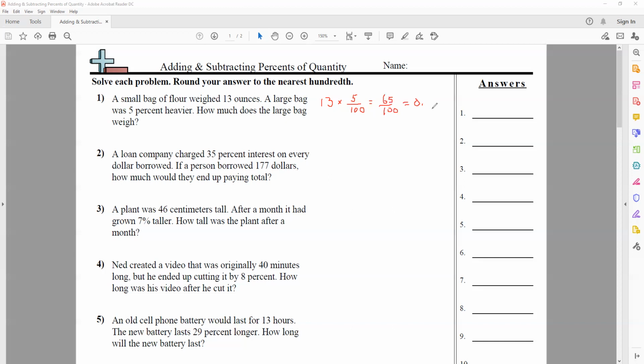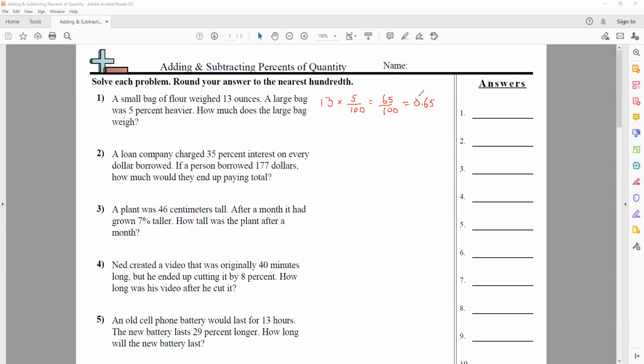What's 65% in decimal? You don't know? Point what? .65. Right? You got it. Yeah, 65 over 100, that's 0.65. Okay. Now, what do you do now?